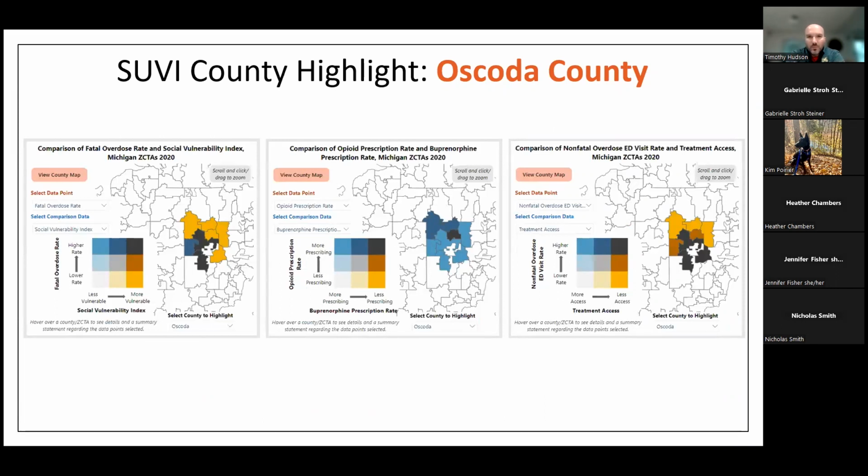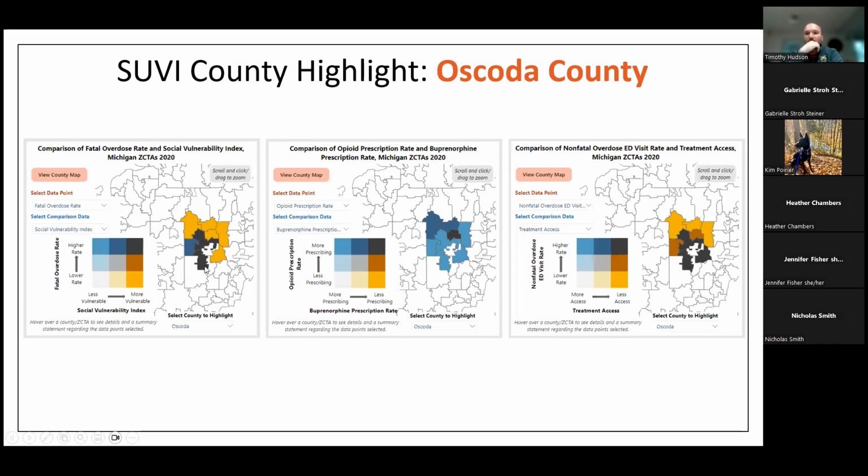And then finally, this is comparing some data points in Oscoda County. On the left, looking at the fatal overdose rate as compared to the social vulnerability index, we see some zip codes in the middle bottom that are lighting up black.